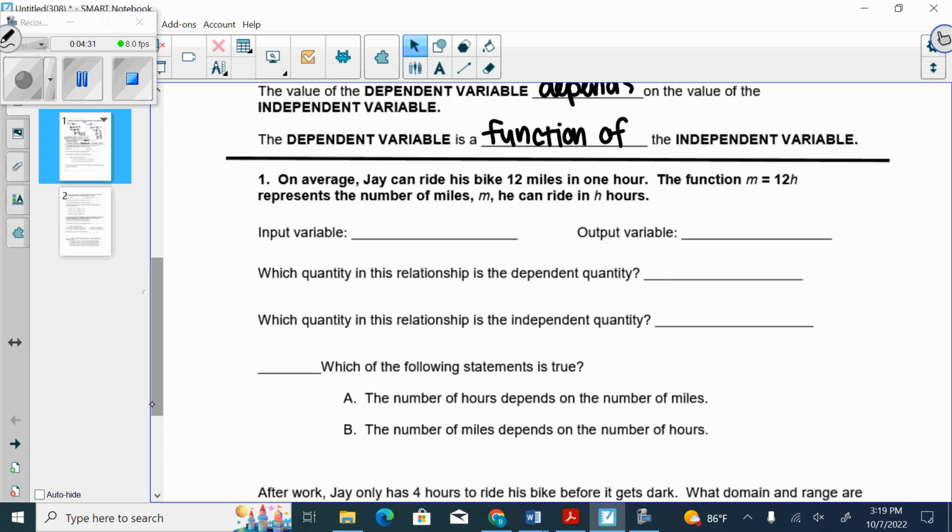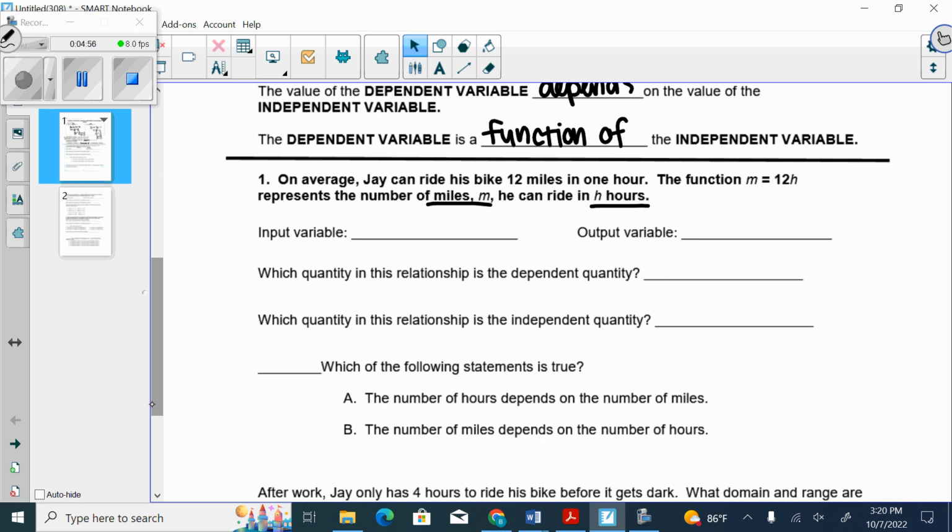The function m equals 12h represents the number of miles m he can ride in h hours. Okay, so these are the two things that we're considering, right? They broke it down for us. M for miles, h for hours. We just need to decide which one of these depends on the other.